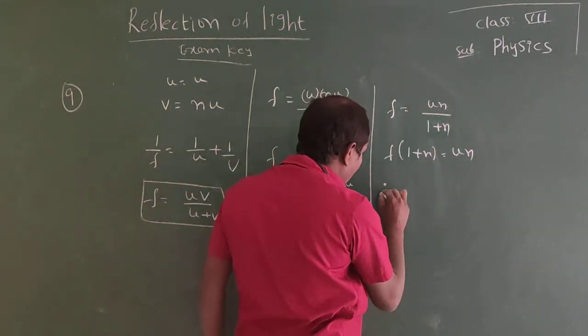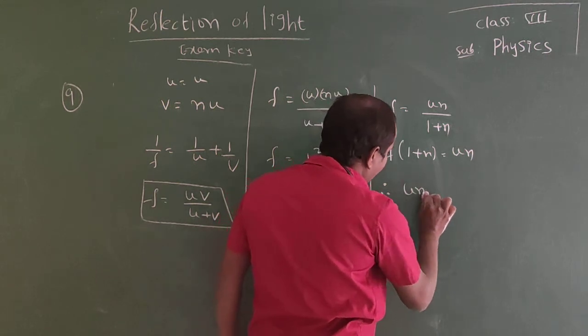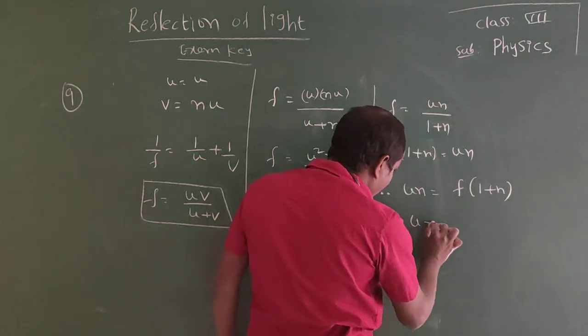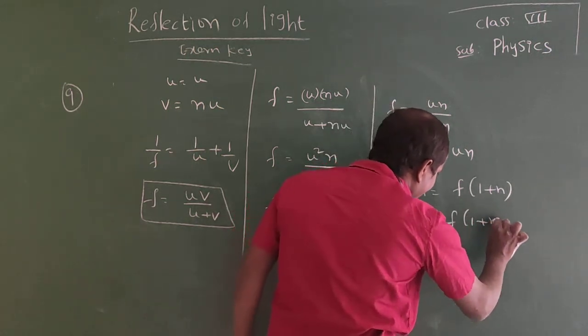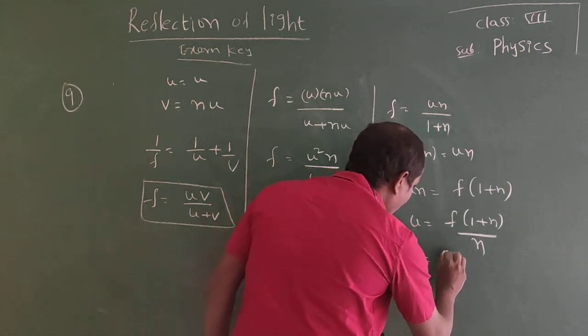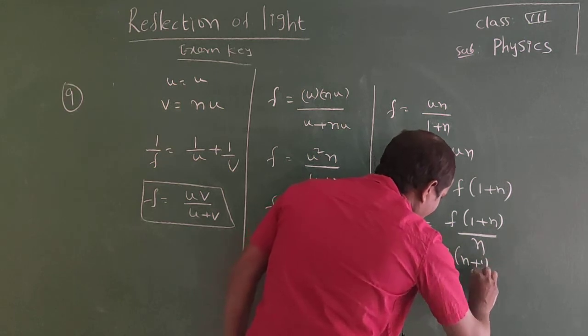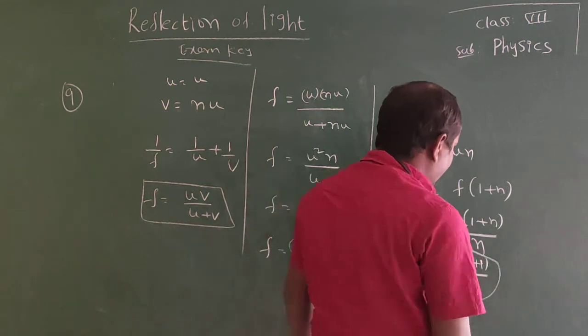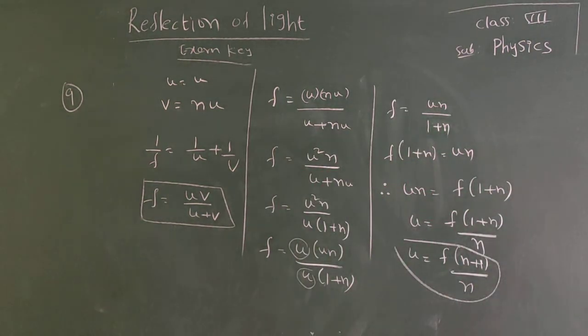Therefore u equal to f into 1 plus n by n, or we can write u equal to f into n plus 1 by n. It is the object distance value. That is the ninth one. Now the tenth one.